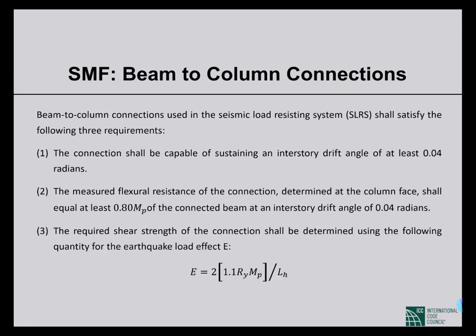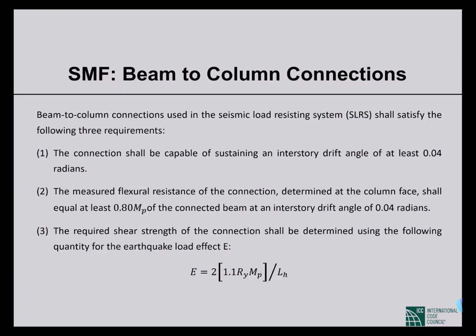Third point is the required shear strength of the connection shall be determined using the following quantity for the earthquake load effect. So for shear force, while calculating the capacity, the plastic moment capacity is again increased by the expected strength factor, that is the reserve strength factor, and then again with a factor of 1.1.